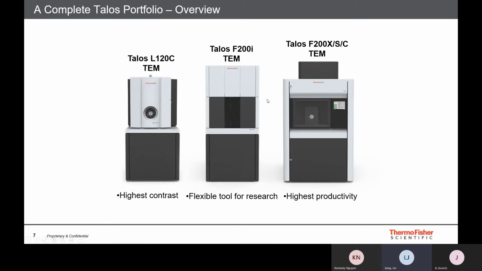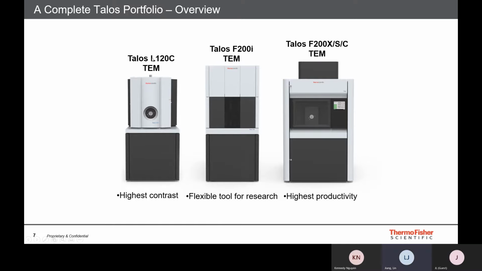Also, we have some differences between the F200i and the F200XSC. For the F200i, basically, we don't have a touch screen on the panel. The main function of the touch screen is to facilitate changing the sample. It gives you a step-by-step guide on sample changing.